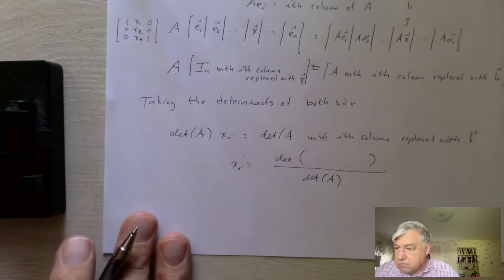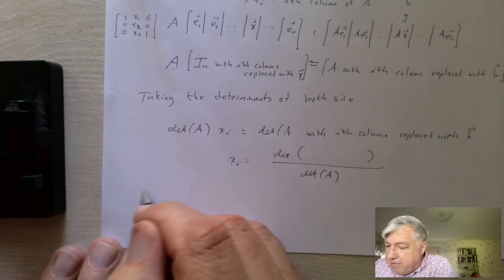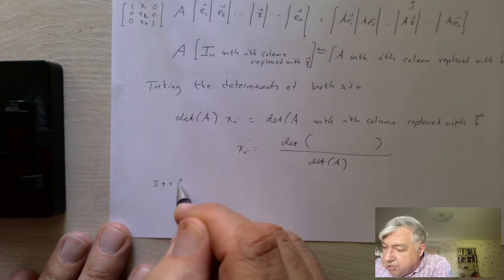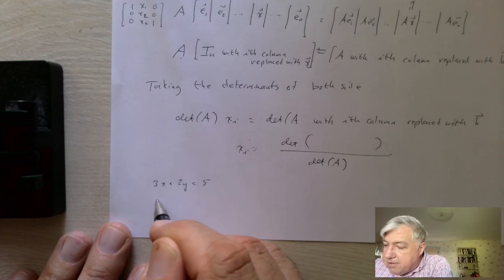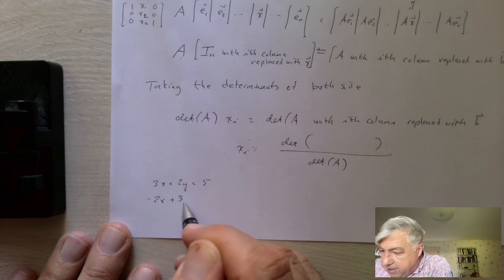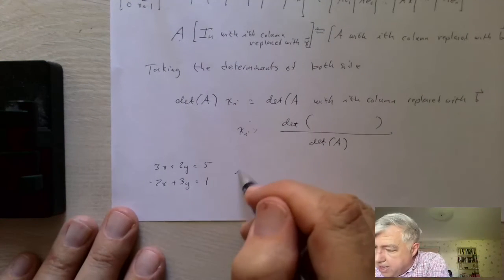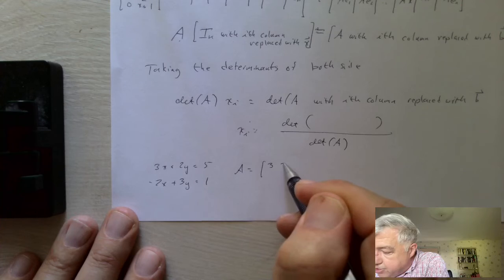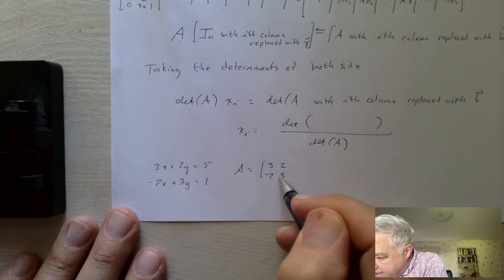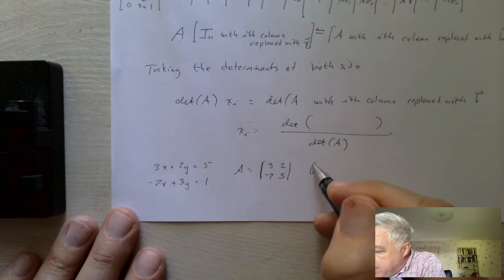So, all right. For example, let's say we wanted to solve 3x plus 2y equals 5 and negative 7x plus 3y equals 1. In this case A would be 3, 2, negative 7, 3, and then B would be 5, 1.